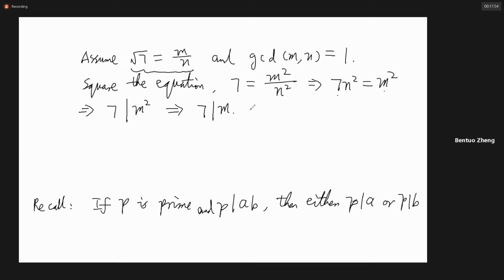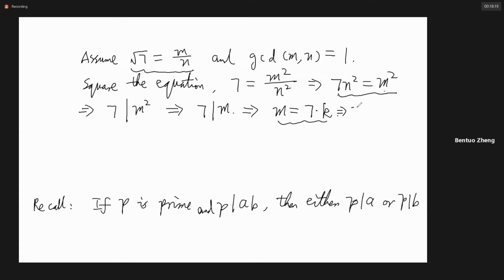All right, so since 7 divides m, we can write m is equal to 7 times k. Okay, this is the definition of divisibility. Now we're going to plug this into the equation above. So what do you get?